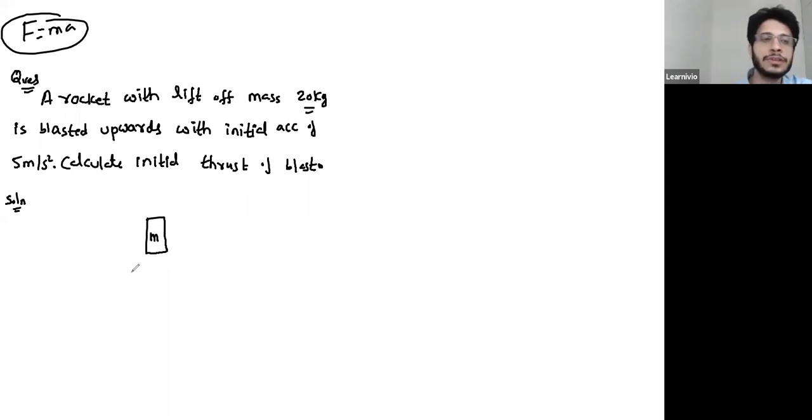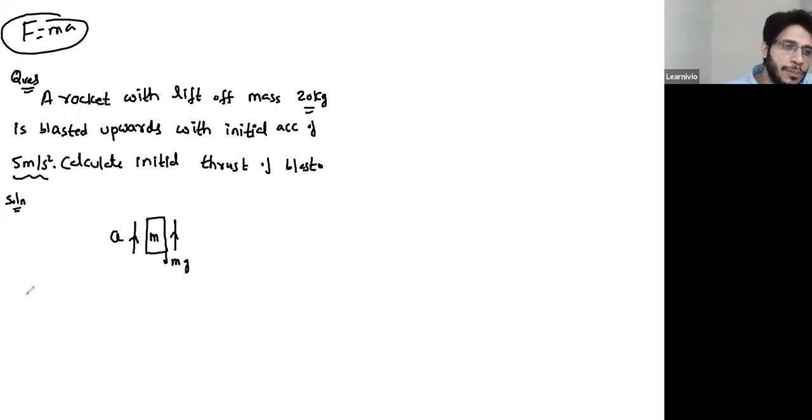The first purpose is that the initial blast accelerates the rocket. It gives an acceleration a to the rocket, which is 5 meter per second square. That initial blast also helps in overcoming gravity. Its weight is acting down, you need some force to overcome that gravity, and that's mg.